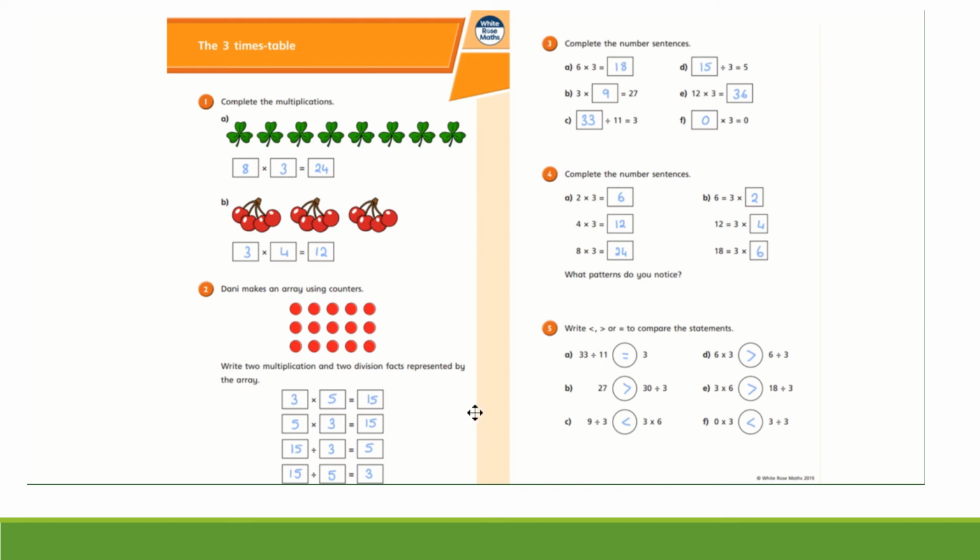And D, 6 times 3 is 18, and 6 divided by 3 is 2, so 6 times 3 was the bigger number. E, we have 3 times 6, also 18, and here we have 18 divided by 3, which gives you an answer of 6. So 18 is bigger than 6. And 0 times 3 we know is 0. 3 divided by 3 is 1, so 1 is bigger than 0.